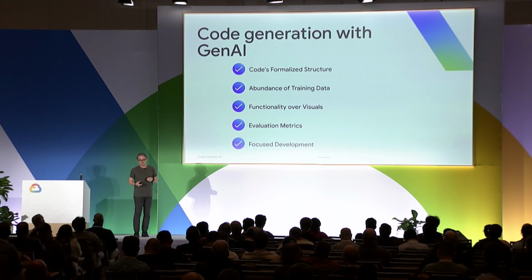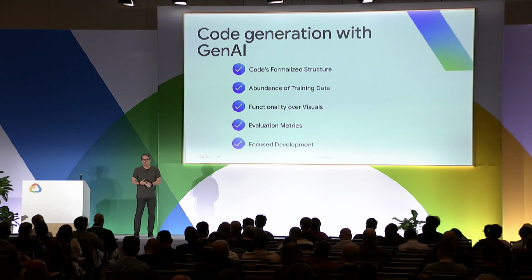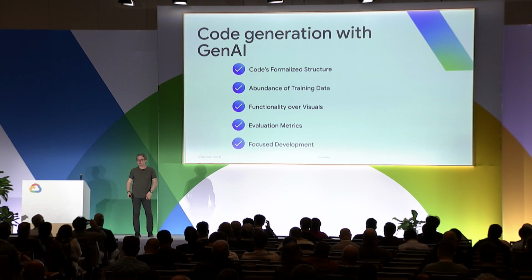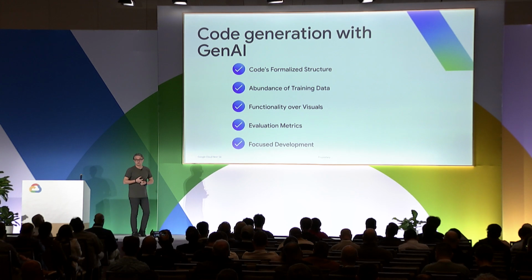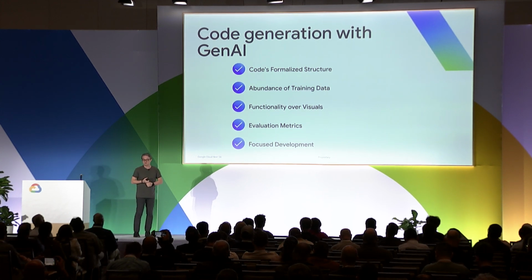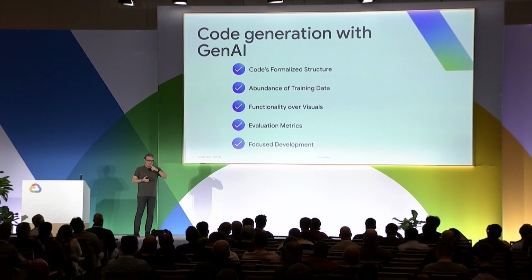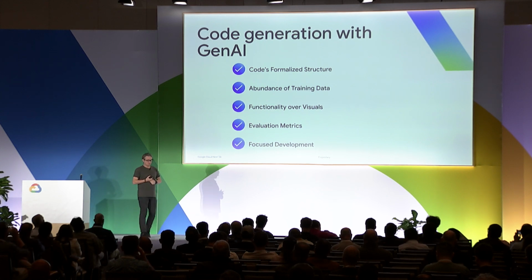It makes it easier for AI models to learn patterns, learn style, and be able to tell what's coming next, all right? Second, there's an enormous amount of open source code out there to train on. And this is what has made LLMs very, very proficient in code generation.